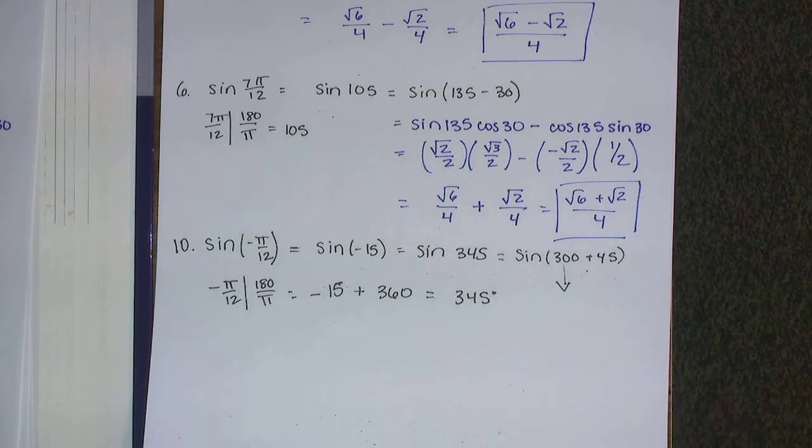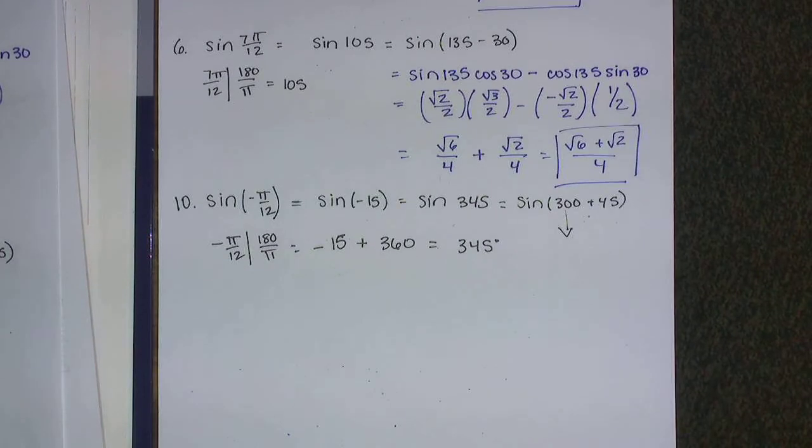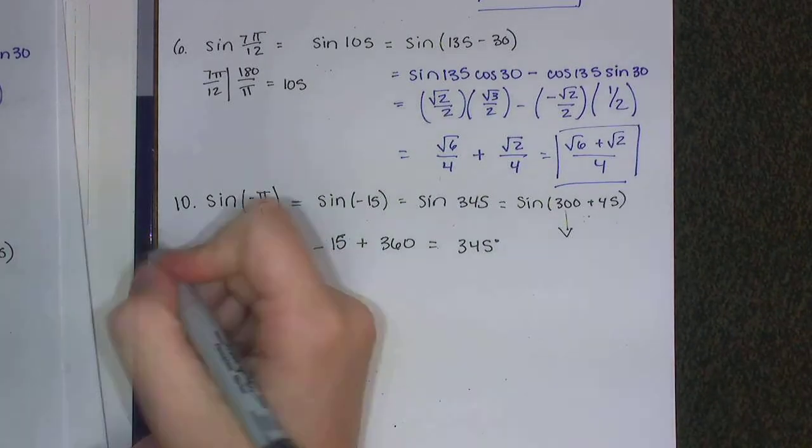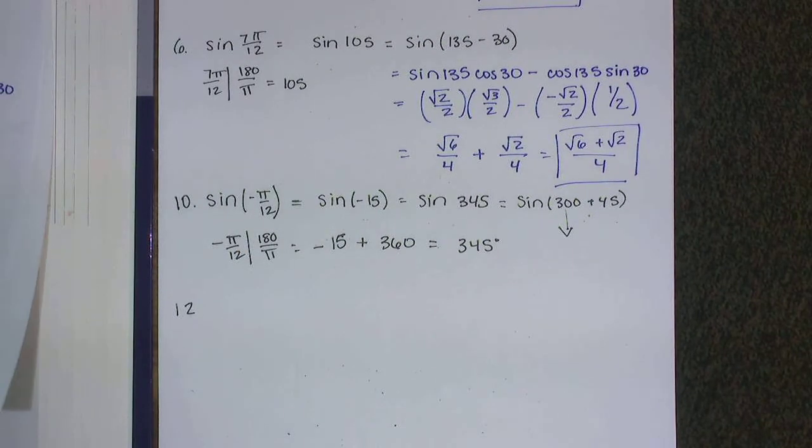Now, the next type that we have is kind of the reverse of this. So with this one, we have the stuff like, let's see, where does this start? 11 through 22, it looks like, kind of follows this pattern here.